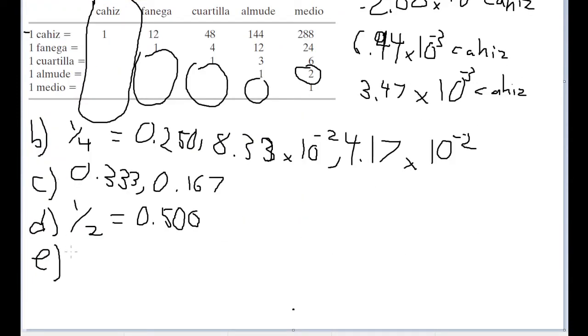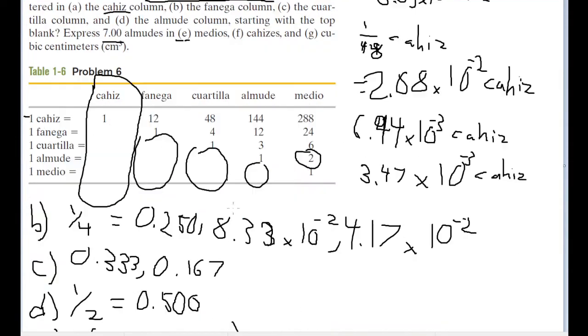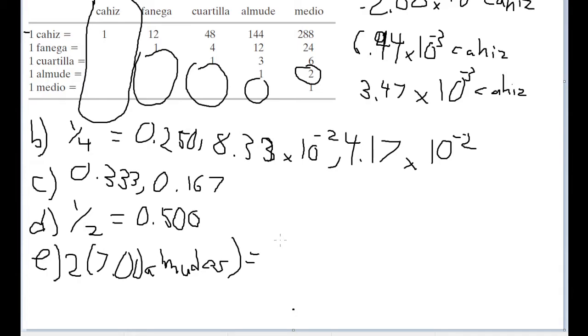So it's then just 2 times 7 of the almudes, so we're just doubling both sides, really. And yikes, that's hard to write. And in 3 sig figs, our answer for that becomes 14.0 medios.